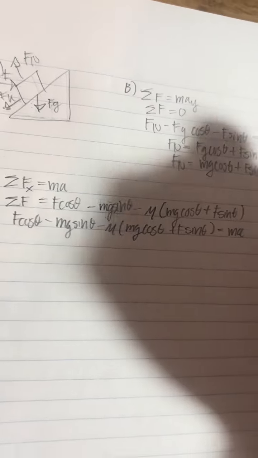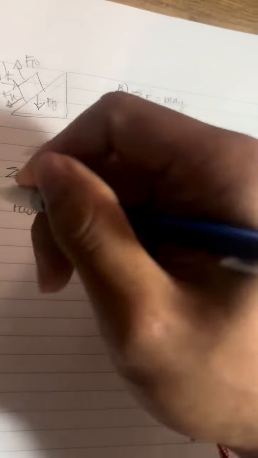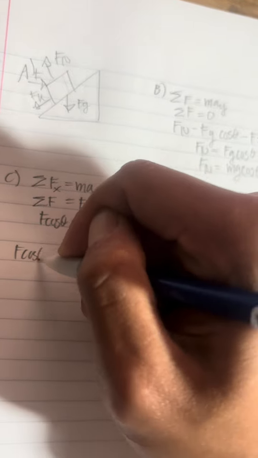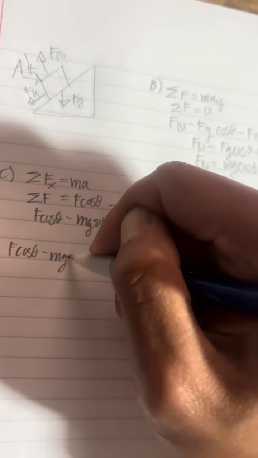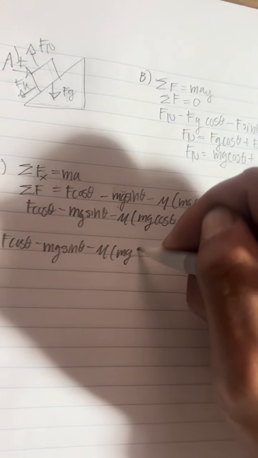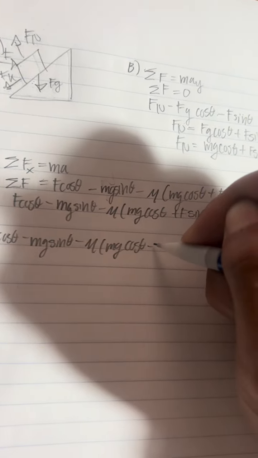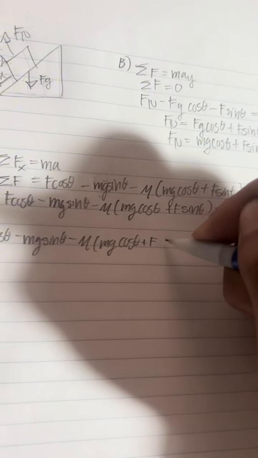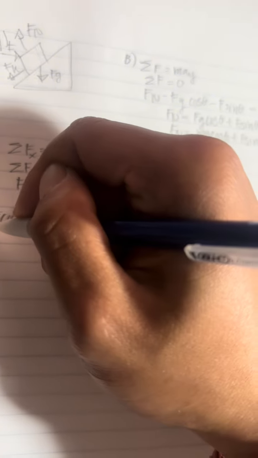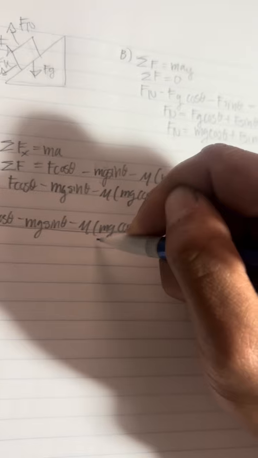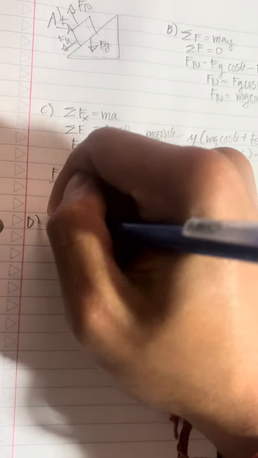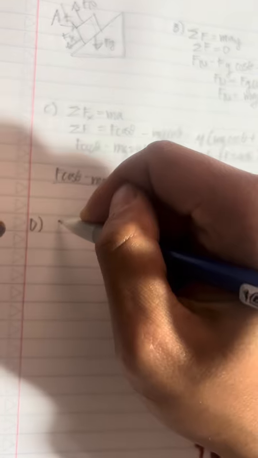And then I want to find the acceleration, so I'm just going to divide everything by m. Okay, now for part D, I'm going to do the net force on the inclined segment again.